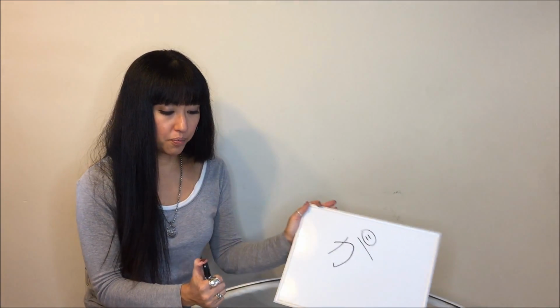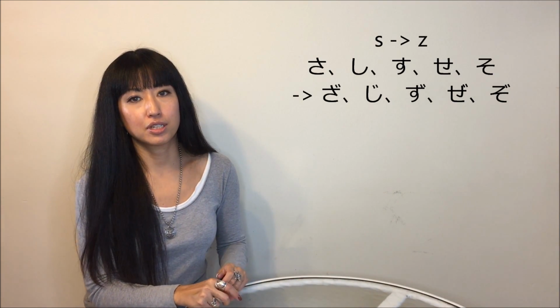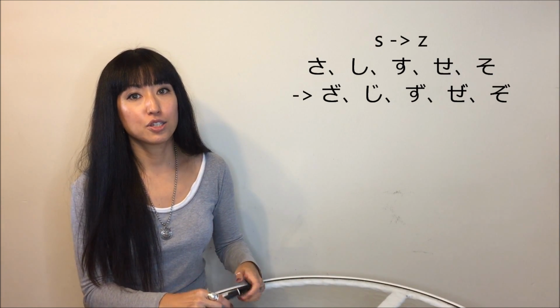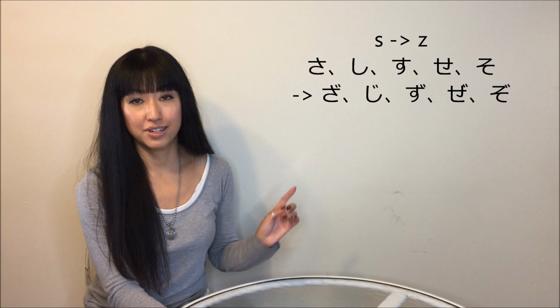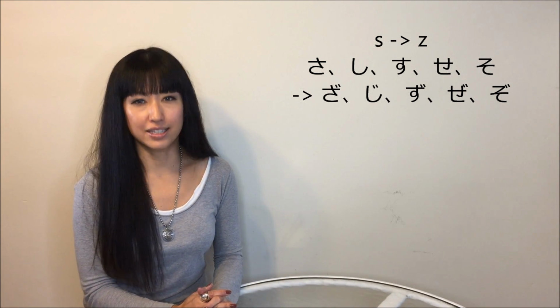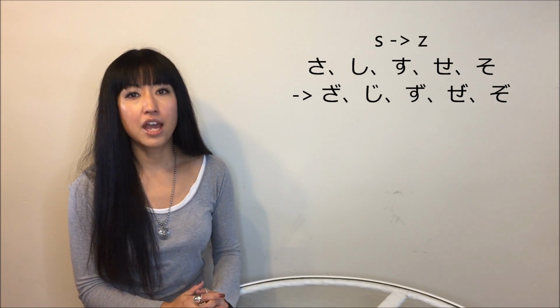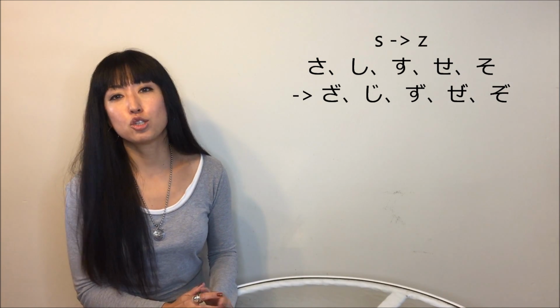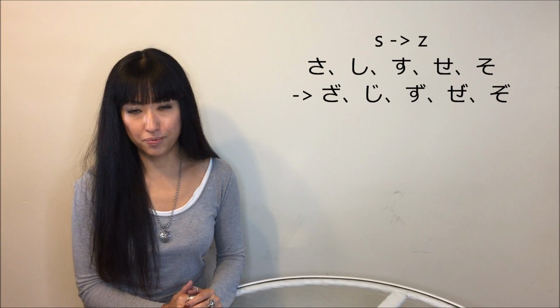There are 3 more. The S sound: sa, shi, su, se, so. If you make it voiced, it's the Z sound: za, ji, zu, ze, zo.